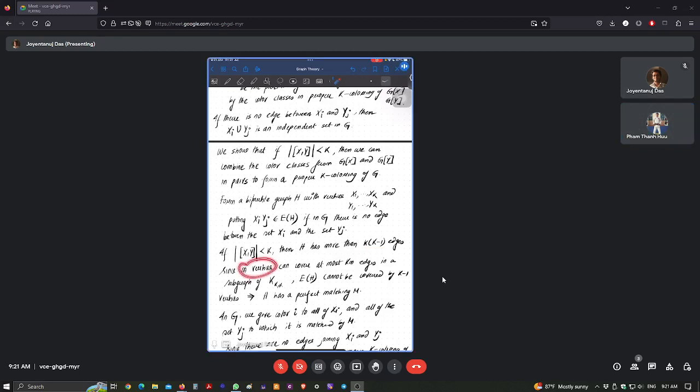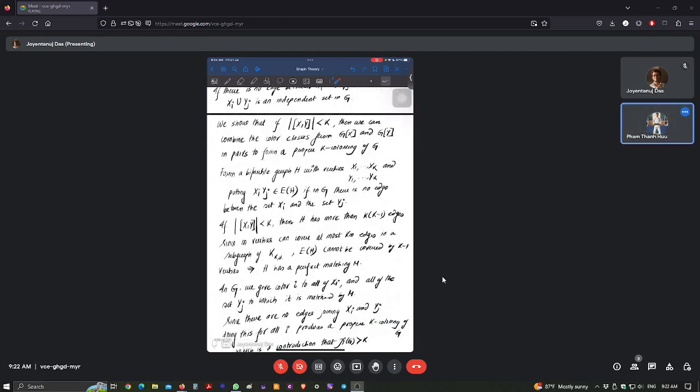Since k minus 1 vertices can cover at most k times (k minus 1) edges, because the maximum degree is k, in a subgraph of K(k,k), the edges of H cannot be covered by k minus 1 vertices. So in this case, H has a perfect matching.